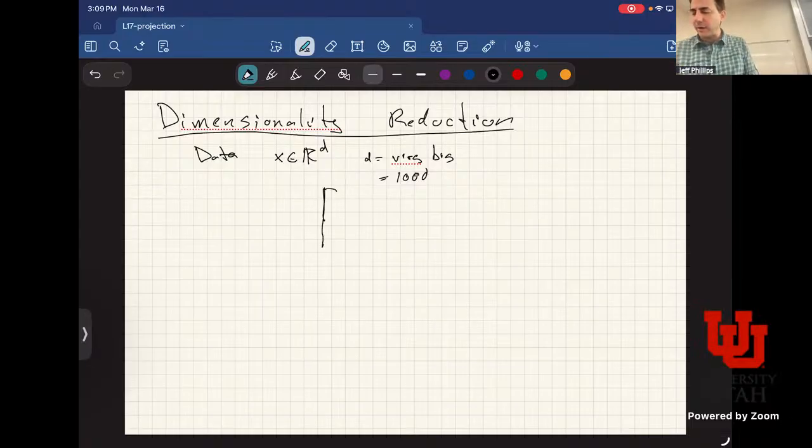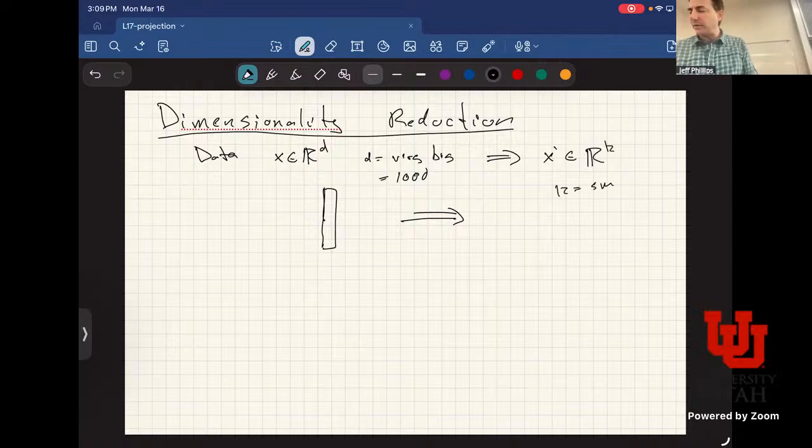So we're in a very high dimensional vector space, and we want to map to X prime, which is going to be in R^K, where K is small. And small might mean 2 or 3 or like 10.